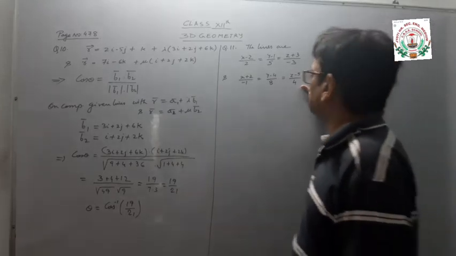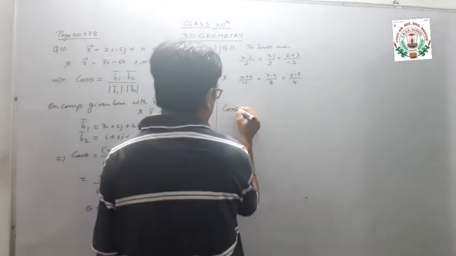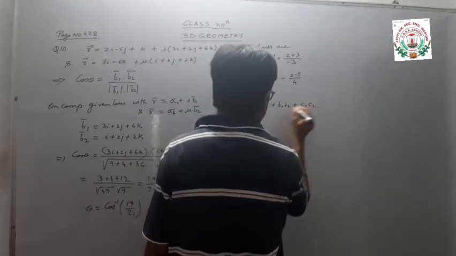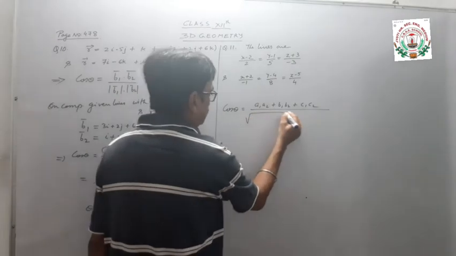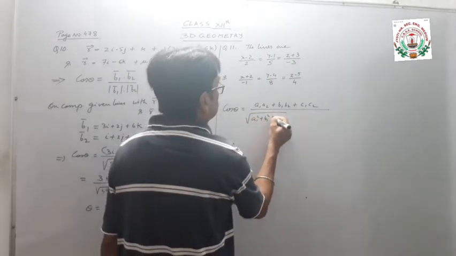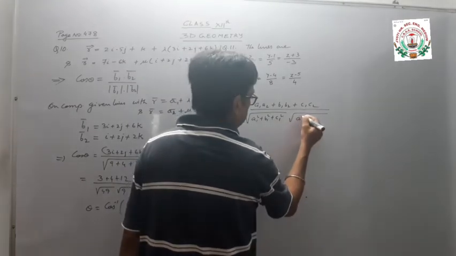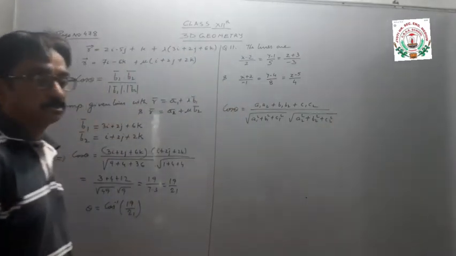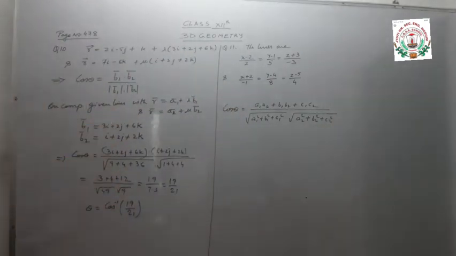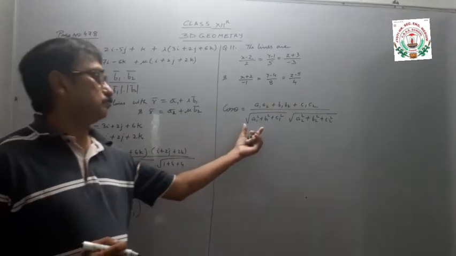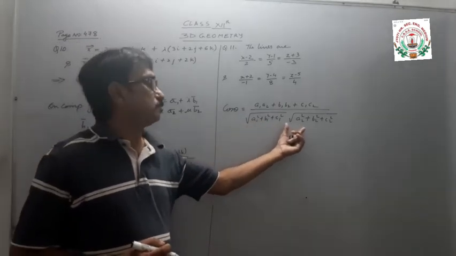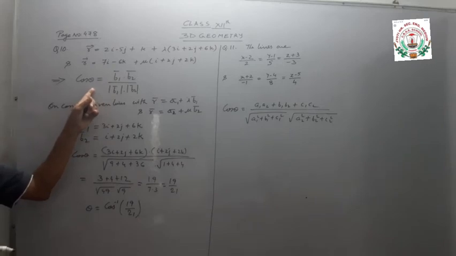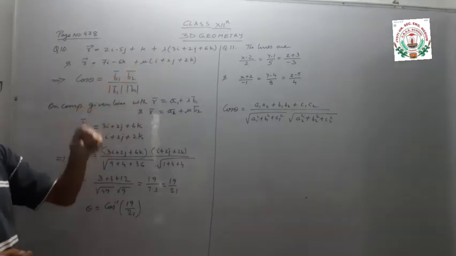As we know, when it is in the Cartesian form, our formula is cos theta equals a1 a2 plus b1 b2 plus c1 c2 upon under root a1 square plus b1 square plus c1 square into under root a2 square plus b2 square plus c2 square. But when it is in the vector form, cos theta equals b1 dot b2 upon modulus of b1 into modulus of b2.